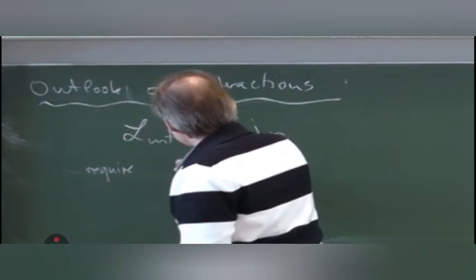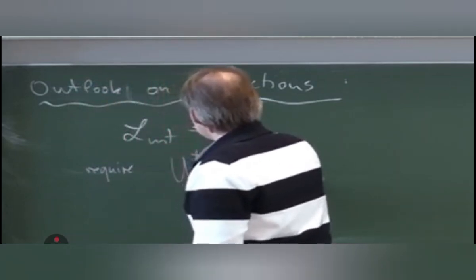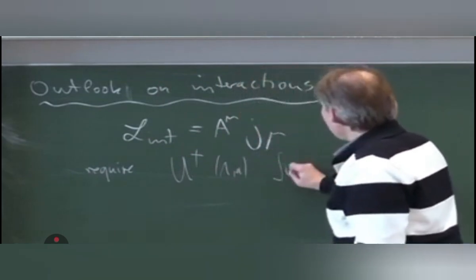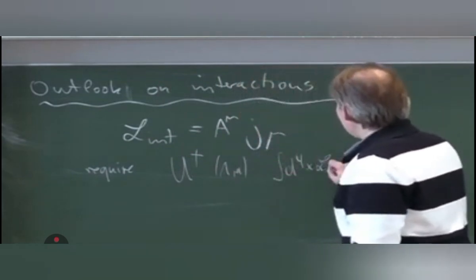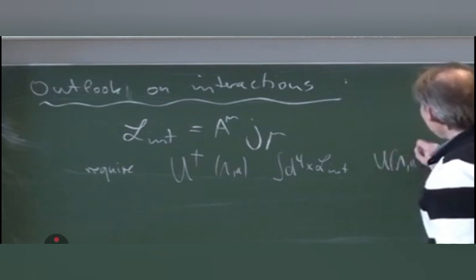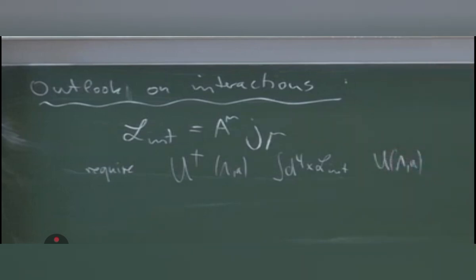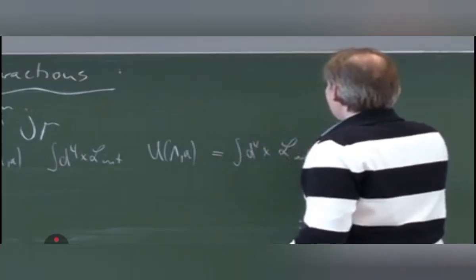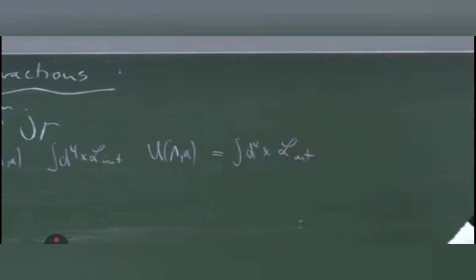So we should require something extra in order to get Lorentz invariance. In this case, our requirement should be that U dagger of lambda A acting on such a d4x L int integral, U of lambda A, should be Lorentz invariant. So that should be the same as, let's say, the original d4x L int integral. So it should just be a Lorentz invariant interaction.